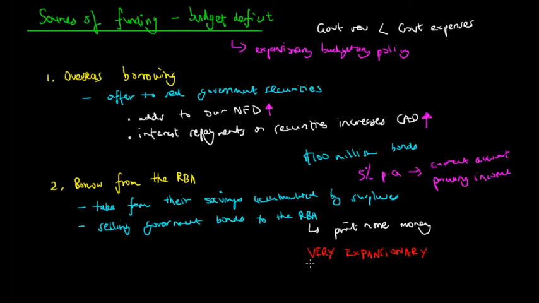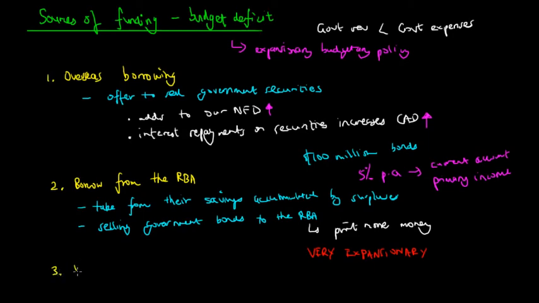So it directly adds to the volume of money and spending in circulation. And as we know, as the supply of money increases, therefore the Australian dollar will depreciate, and also inflation would increase. So that would have a very, very high impact on the achievement of other government goals. So borrowing from the RBA, especially by selling government bonds so that the RBA can print more money, is a very expansionary strategy the government would take, and is very rarely used.